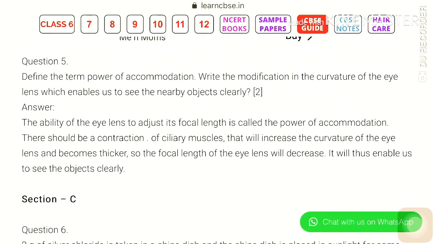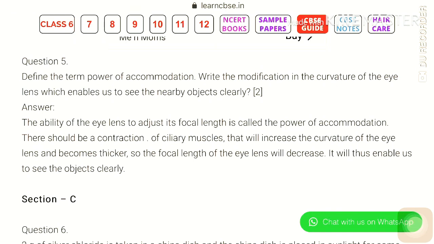Now question number 5, define the term power of accommodation and write the modification in the curvature of the eye lens. See, if you're forced to see a particular object, then your eyes will adjust and you can see the object clearly.